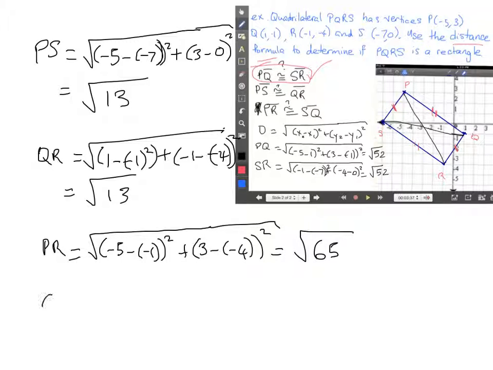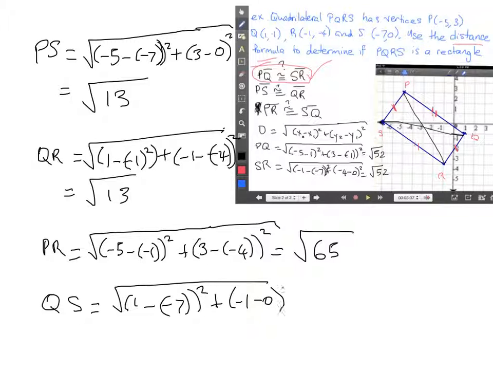And finally, QS is equal to the square root of 1 minus negative 7 squared plus negative 1 minus 0 squared. And again, when you work that all out, you should actually get root 65. So the diagonals are also equal.